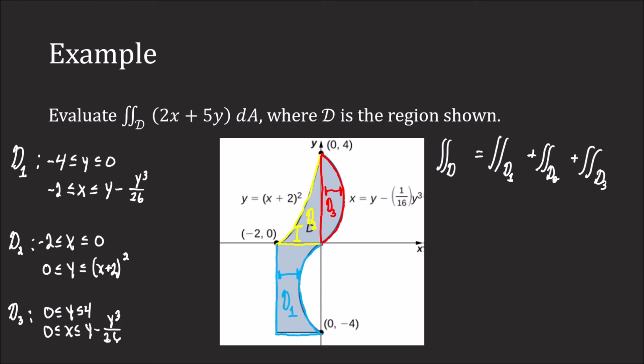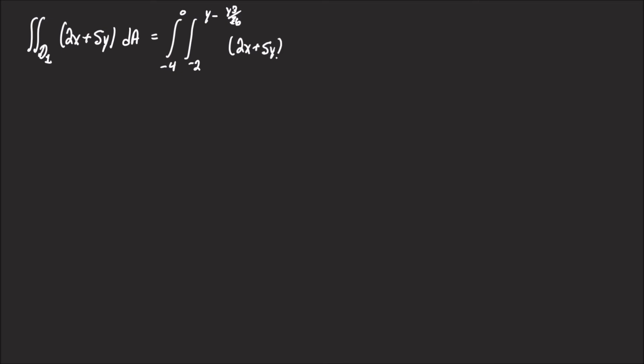We will now evaluate each integral individually, and at the end we can add them all together. So to start, we look at the double integral over the region D1 of 2x plus 5y. So this will be the integral from -4 to 0, integral from -2 to y minus y cubed over 16, then we have dx dy.